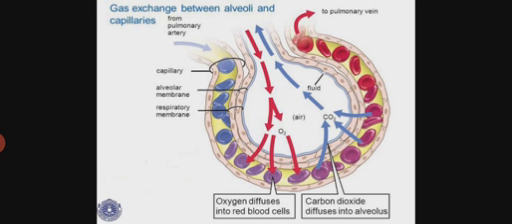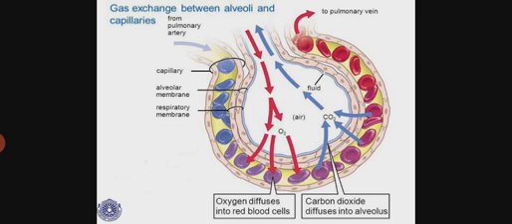So this picture will show you the detailed mechanism of respiratory gas exchange. As you observe here, this is the structure of a single alveolus, and these are the capillaries found surrounding the alveolus, containing the capillary blood, and these are the epithelial cells of those capillaries.